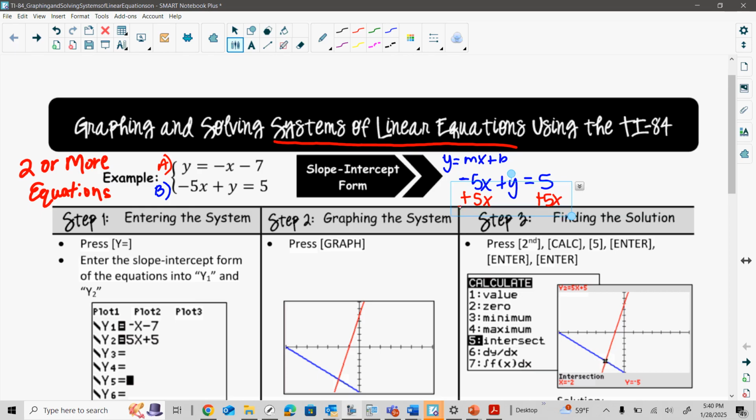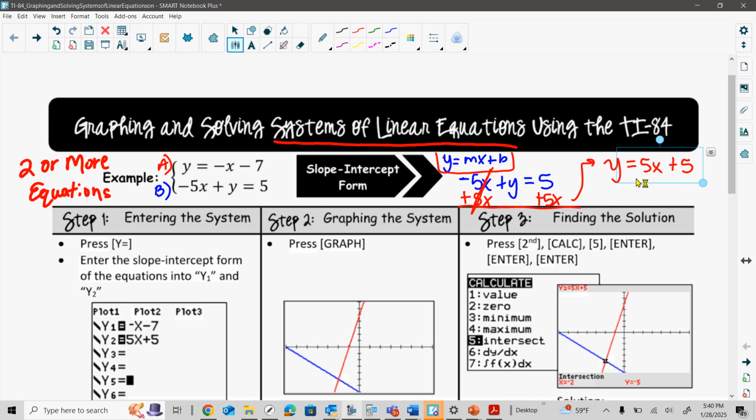When you do that, the x terms are going to cancel. I'm going to rewrite it over here to the right. And now I have y by itself, y equals, put your x term first, which is 5x plus 5. You cannot add those. Those are not like terms. Remember, we're trying to put it in this form, mx plus b. So we want the x term to be first in the equation.